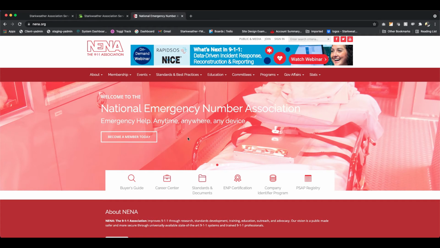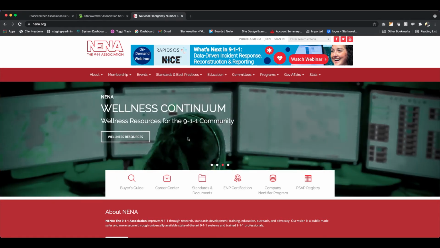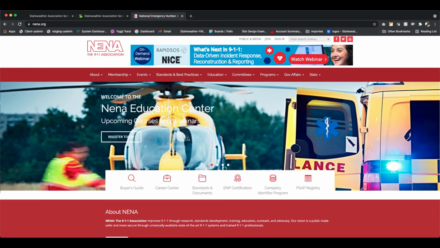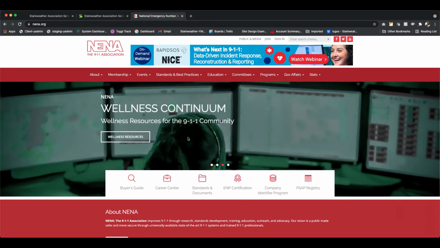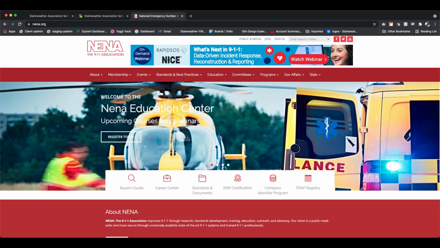Every image that they have used reflects what they're trying to display in the information laying above the images, whether it be a conference, an office, or ambulances. In this case, we know Nina is a 911 association, and with the red and the ambulances and helicopters, we can already grasp what this association is about.